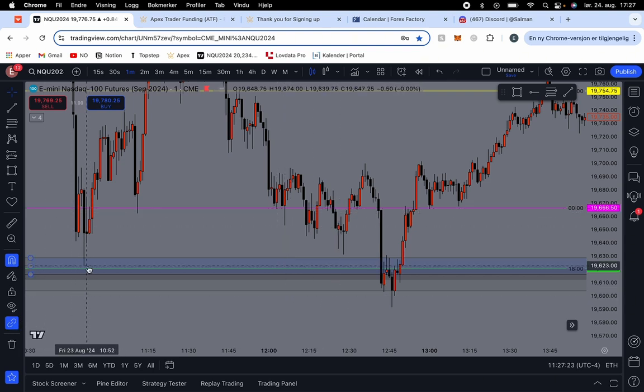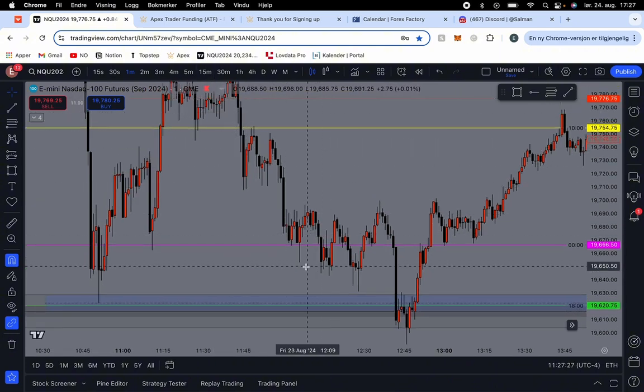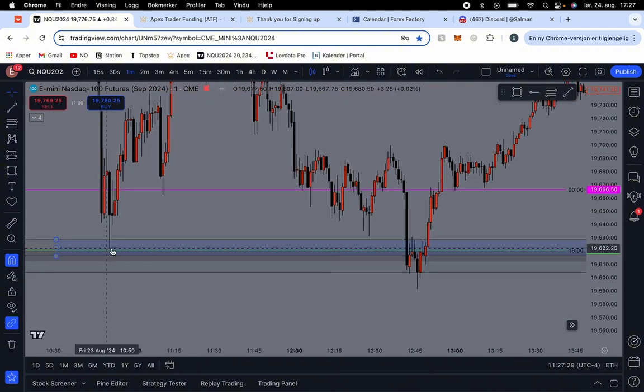But yeah, we have this liquidity down here, we have this rally to the downside, and we have this unfilled area right here, and this engineered liquidity. So when you get good at this, you're gonna see, okay, this is a good setup, this is a bad setup. It's gonna be very easy to tell them apart.